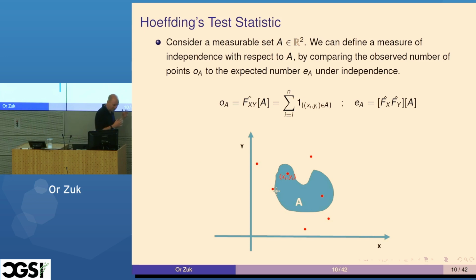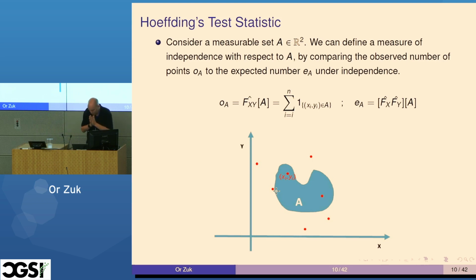But, okay, so this in principle works, but when you have continuous data, there is a question of how do you divide into squares or rectangles, right? What is the grid size? How do you vary it when the sample size increases?